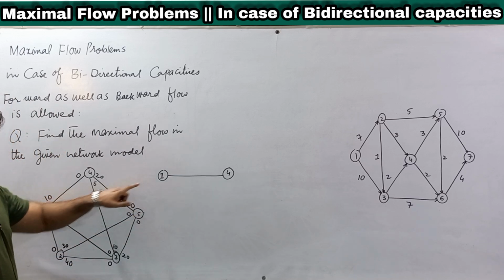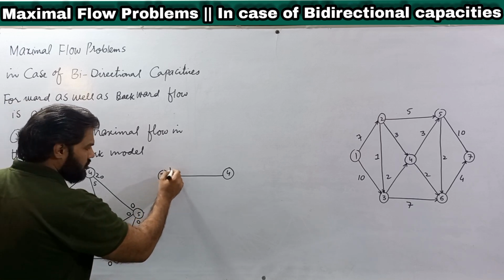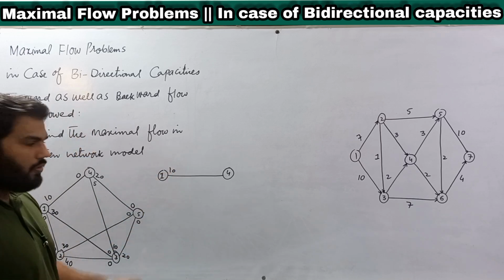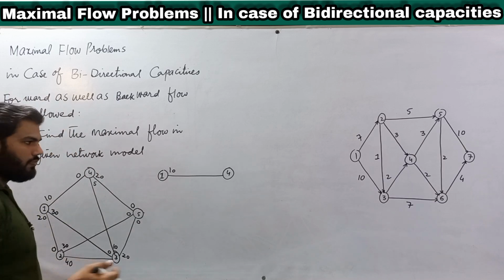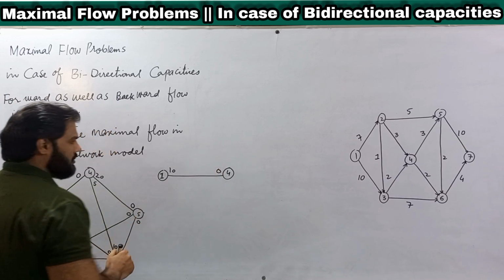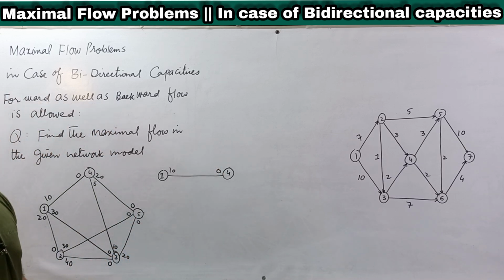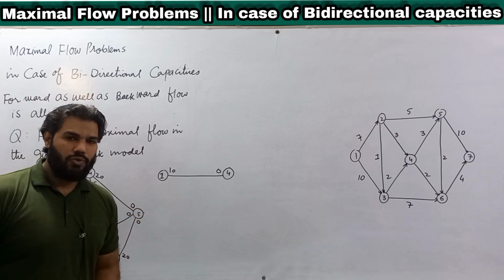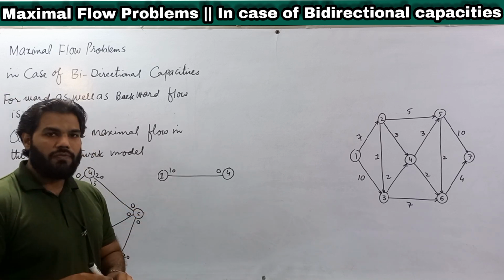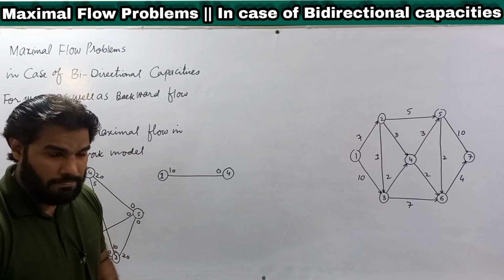The number after node 1 is 10. This shows that there is a 10 unit flow from node 1 to node 4. And the number before node 4, that is 0 here, shows that there is a 0 unit flow from node 4 to node 1. In other words, we can say that the reverse flow is not allowed here.